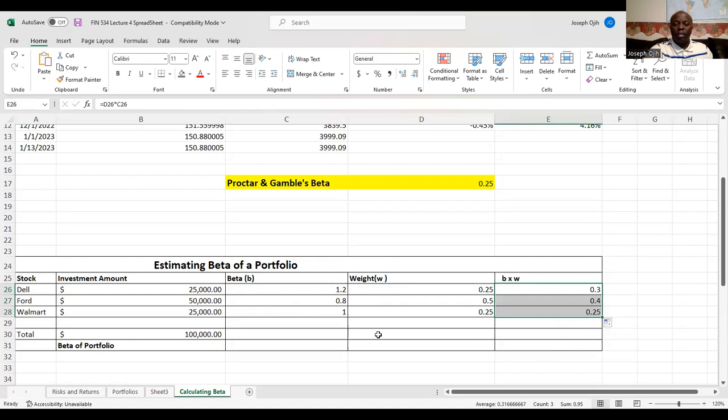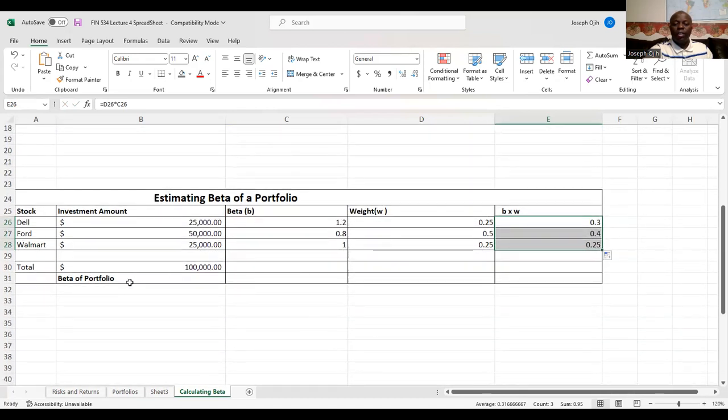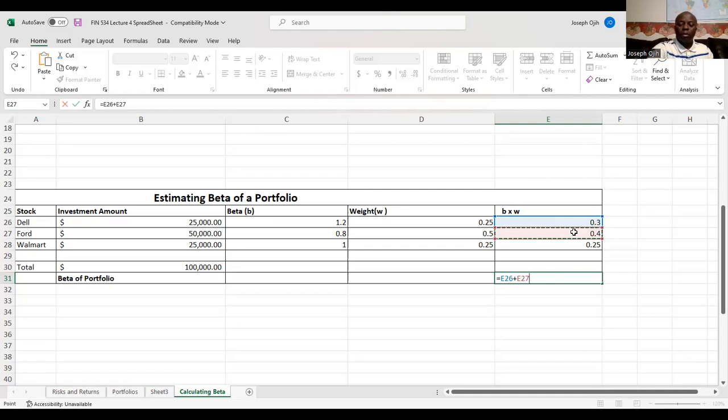You calculate the rest. Now, to get the portfolio beta, all you have to do is sum the column that contains the weight times beta calculations, so the beta of the portfolio equals the first one plus the second one plus the third one. Then press the enter key.